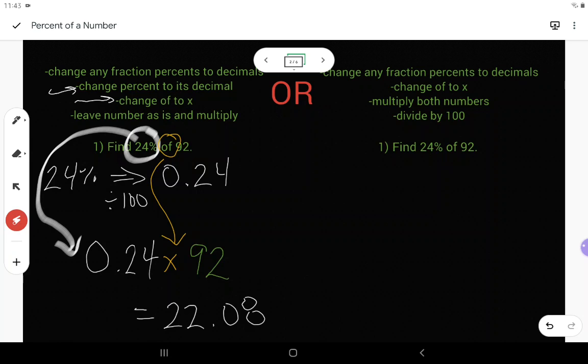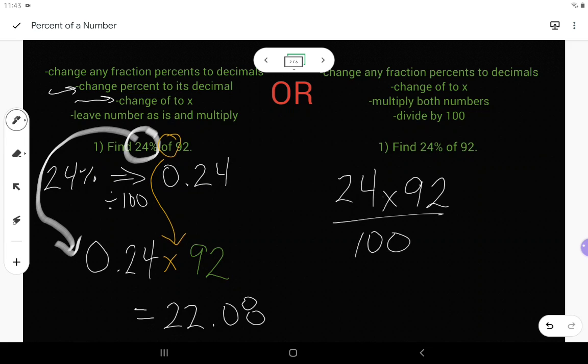So I'm still dividing by 100 like I did here, but I'm just going to do it later on in my work. So I'm just going to take the 24, multiply by the 92, and then afterwards I'm going to divide by 100.